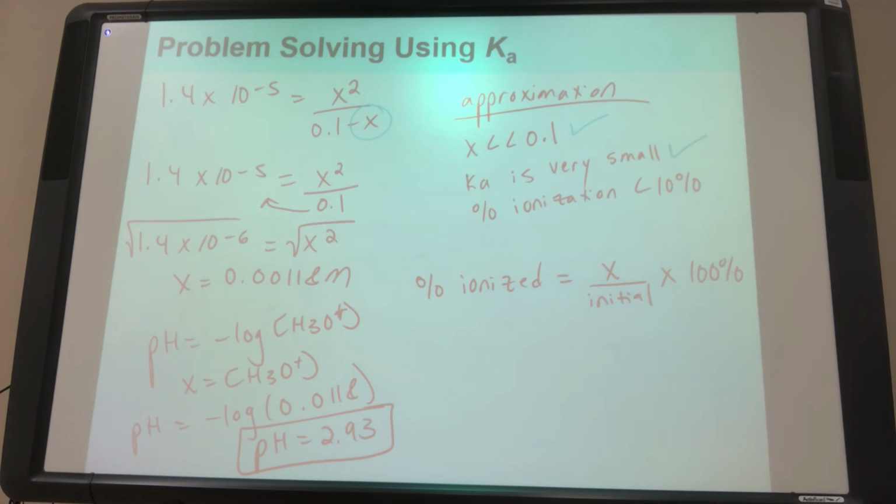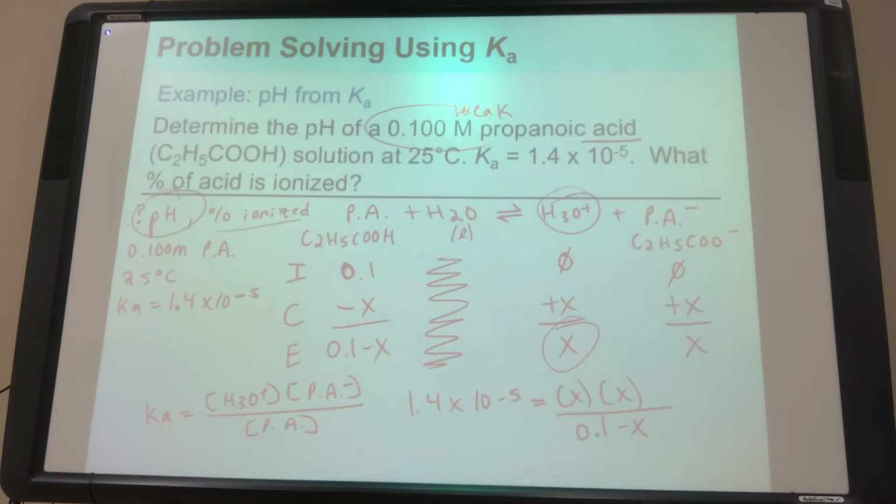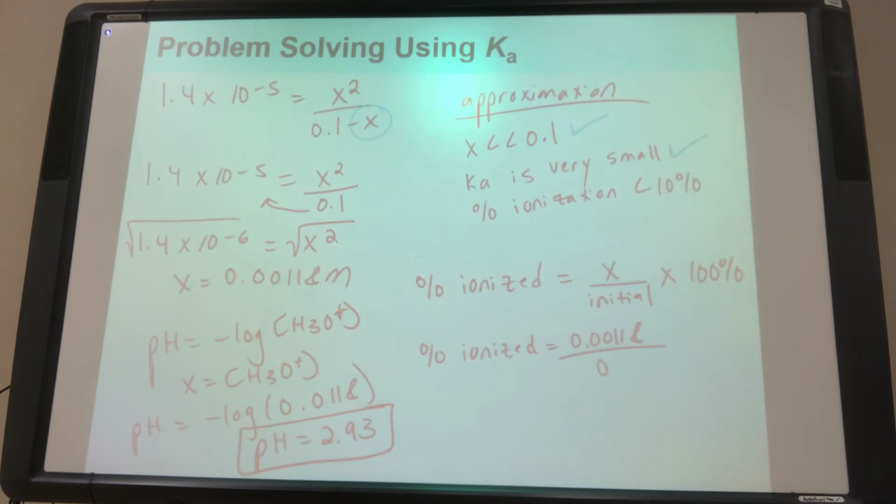In my problem, my x was right here, 0.00118, and the initial, how much did you start with? You started with 0.1. So that's my initial, times 100. And that gives me a percent ionized of 1.18%.